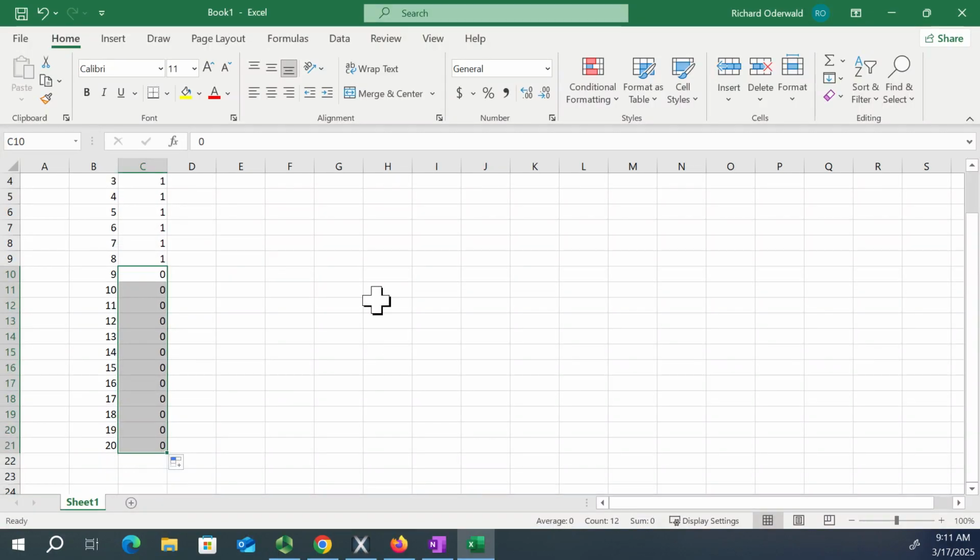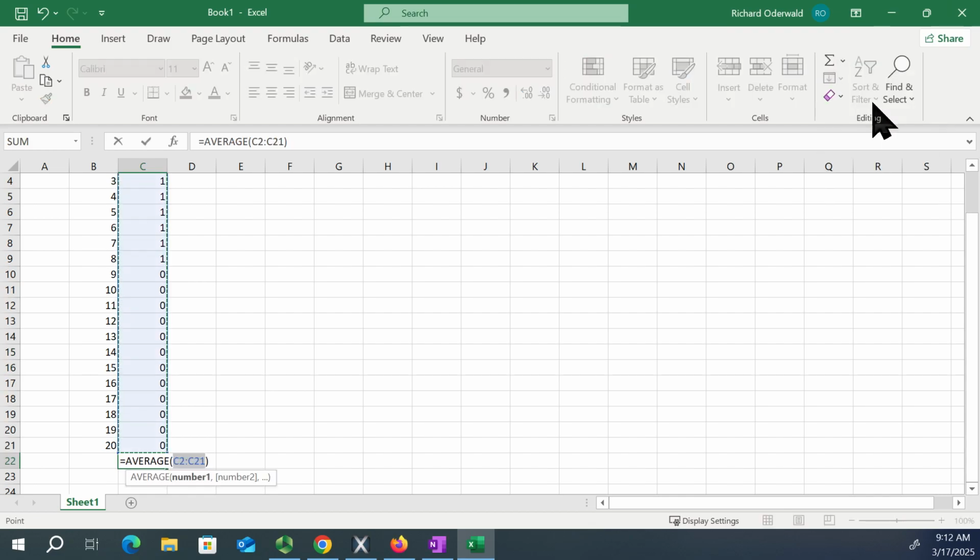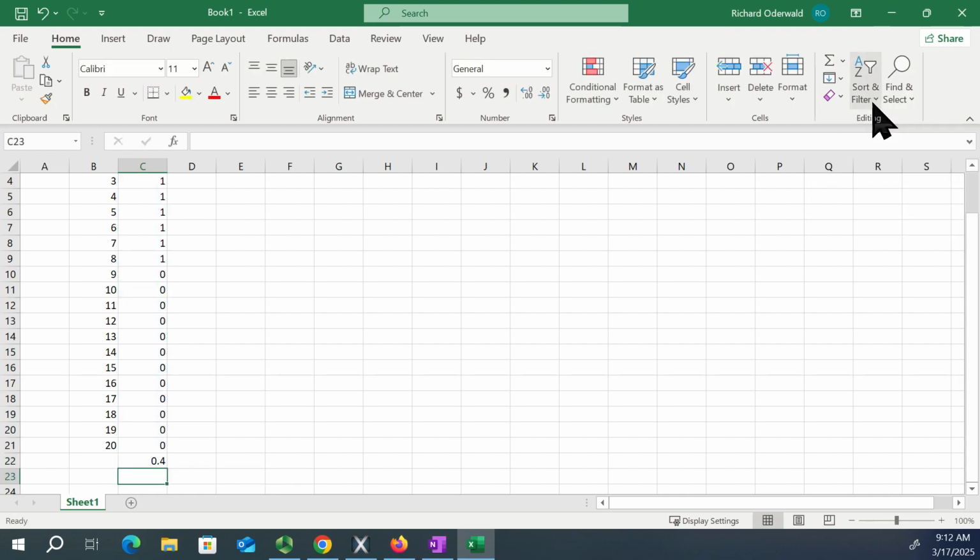If you go to the bottom of this and do the average, and we've got an automatic command we can use, the average is 0.4 because we have 8 out of 20, which is 40%.